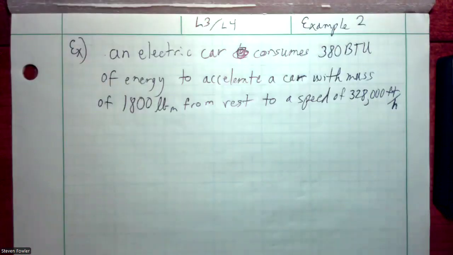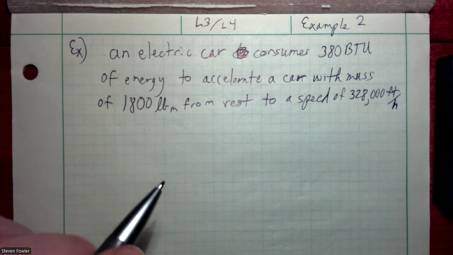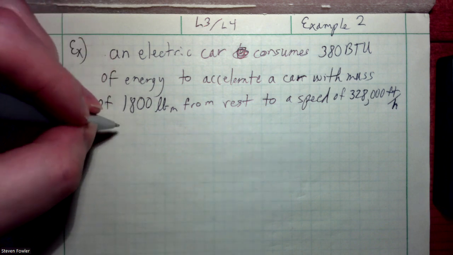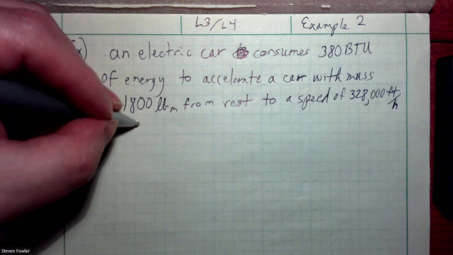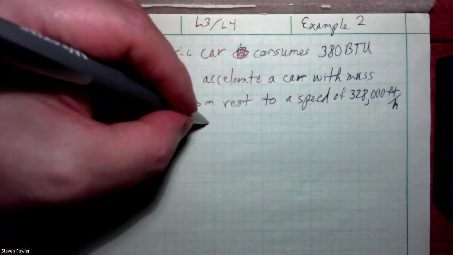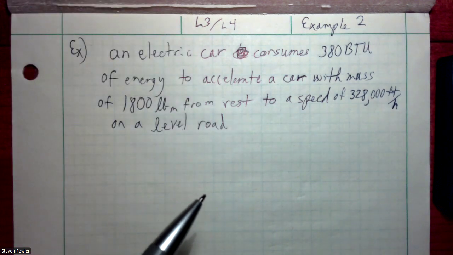I thought about leaving that in miles per hour, and I thought, no, it's fine. I think it's around 60 miles an hour, give or take. So it's from rest to a speed of 328,000 feet per hour on a level road. I don't know why I drew one cursive L and one regular L.